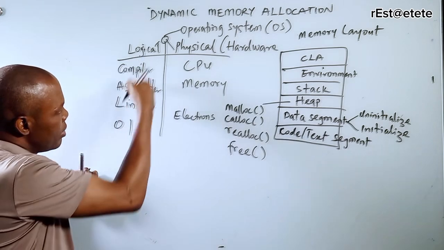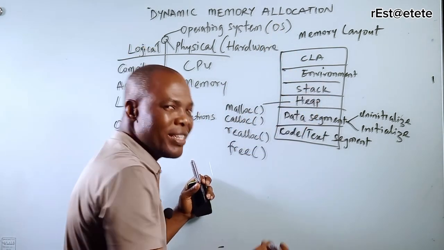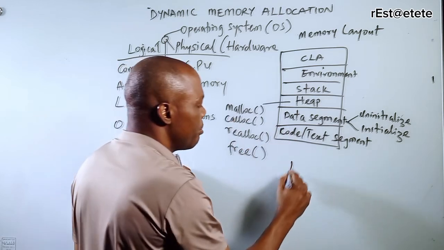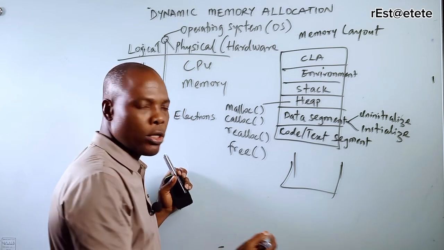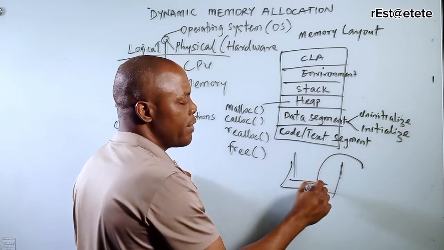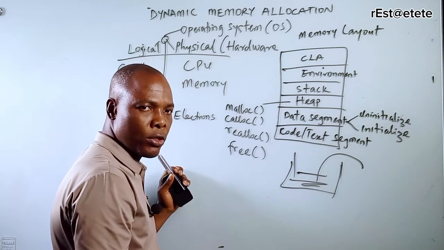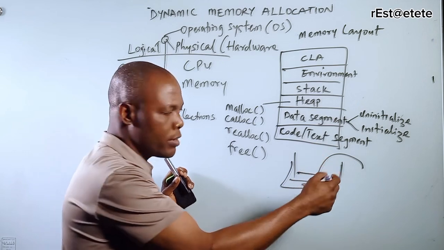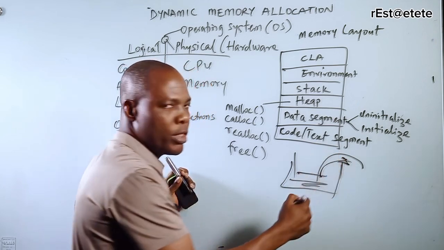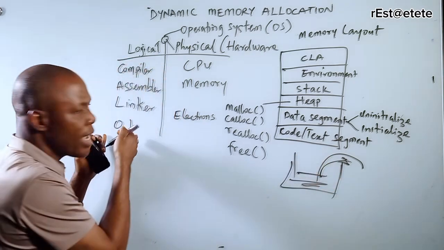On this side of the logical, you have the stack, as the name suggests, meaning you're having something like this. If you are calling the main function, a frame will be created here. Then you call another function, it will come on top of the main function. Then when that second function finishes its activity, it will pop, which is what? Last in, first out.